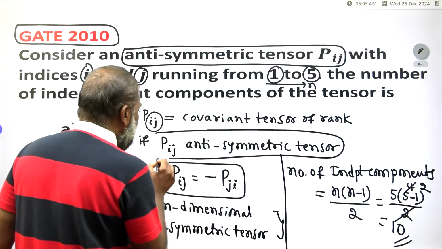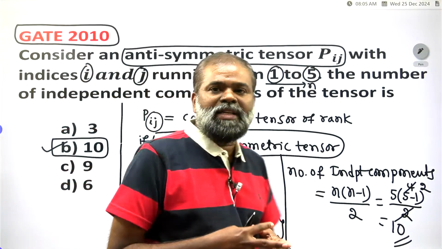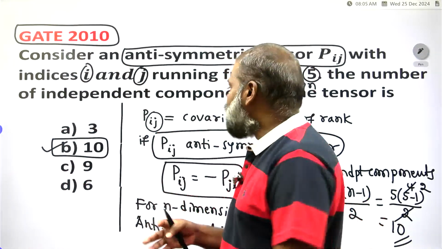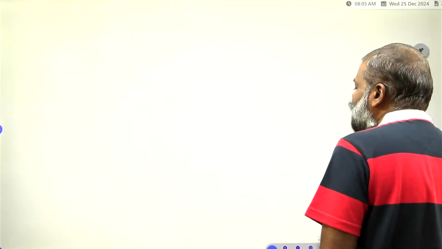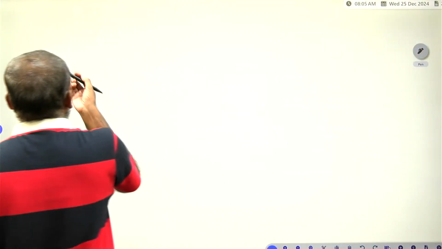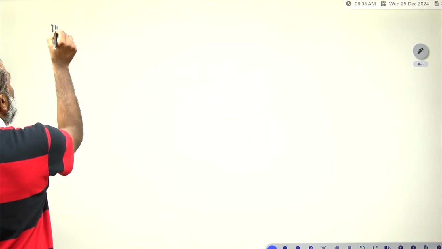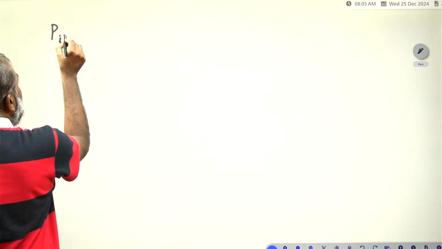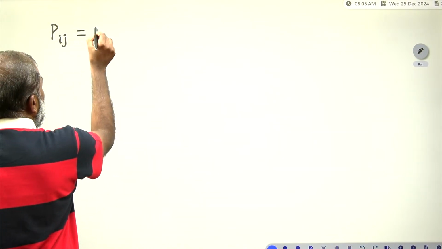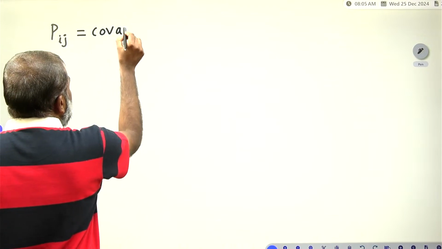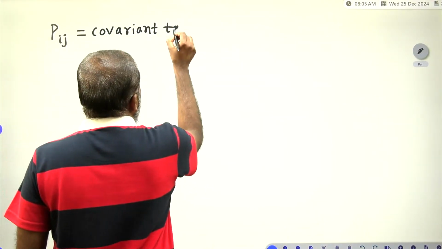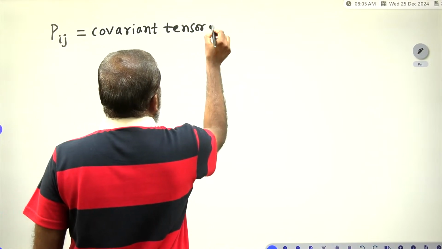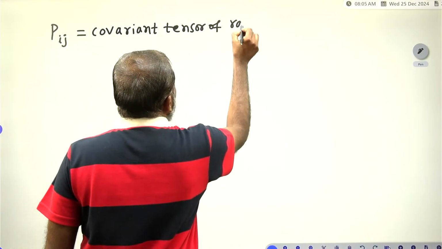Very, very important. In your competitive exam, people will ask about a symmetric tensor. Pij is a covariant tensor of rank 2.